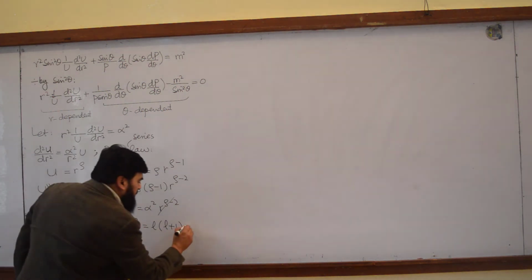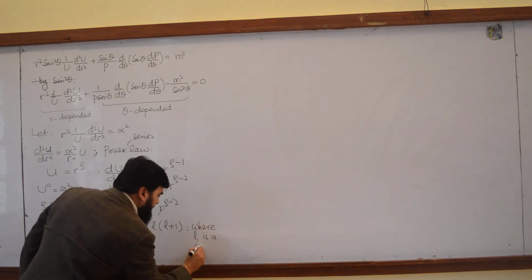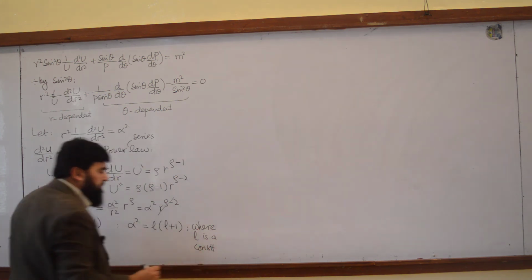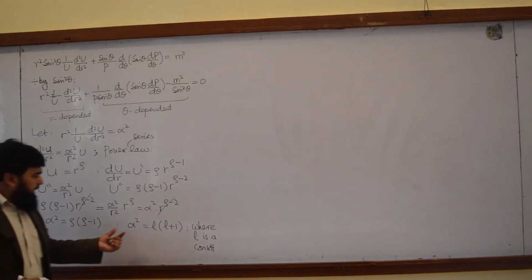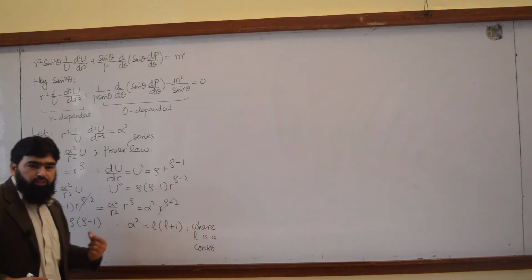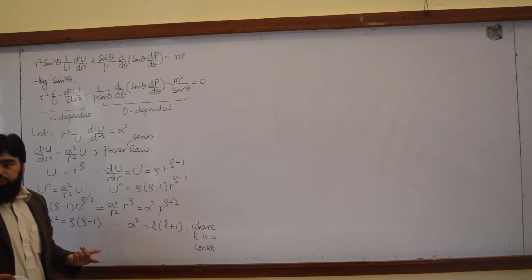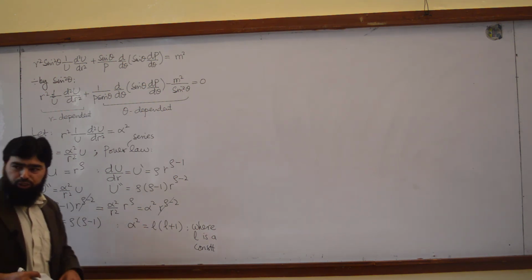Where L is a constant, alpha square is now equal to L square plus L. It is just, you can say, the number game, or just simplifying the situation.